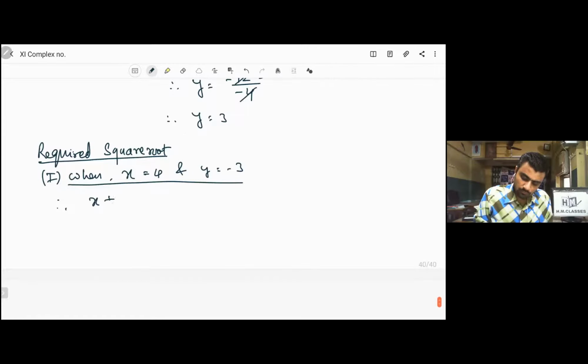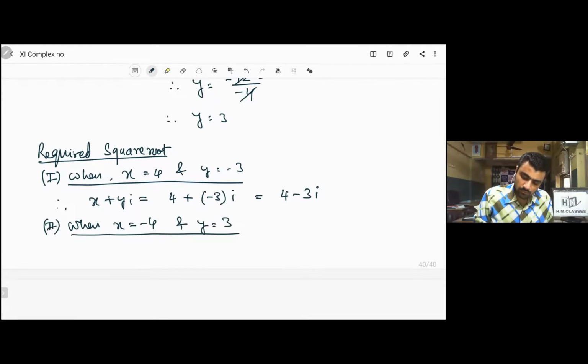This is going to be 4 plus minus 3i, that is nothing but 4 minus 3i. And second case, when x is equal to minus 4 and y is equal to plus 3, therefore x plus yi is going to be minus 4 plus 3i.